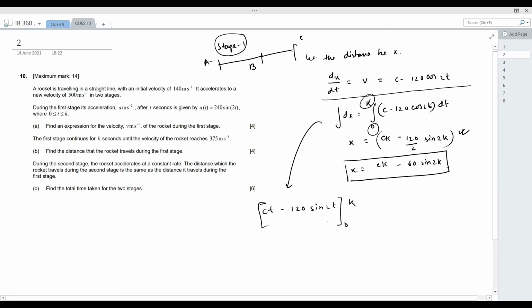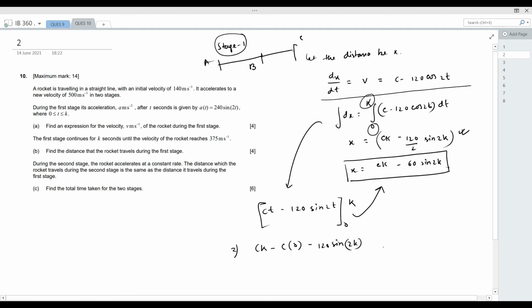After applying the limit you get ck minus 60 sin 2k, because you can see here it is ck minus c times 0, and minus 120 sin 2k, and again the last value we don't need to apply.